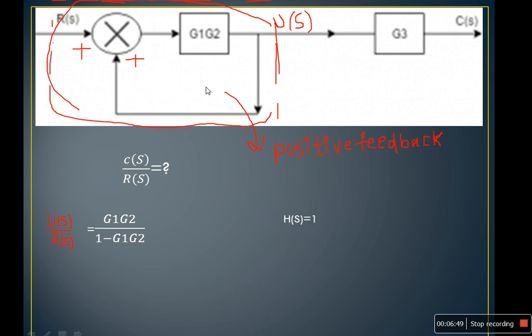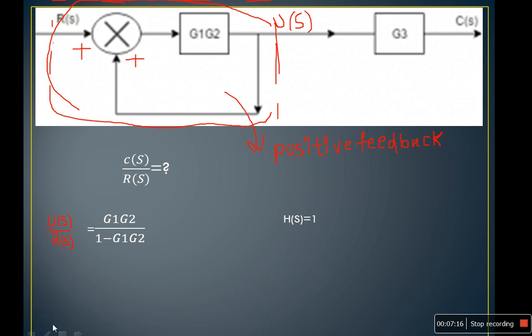Whenever we are eliminating this feedback path, this total circuit is represented with a single block, and that should be in series with this block. So let us do one by one. First here we are having the positive feedback, and in the feedback path I am not having any value.